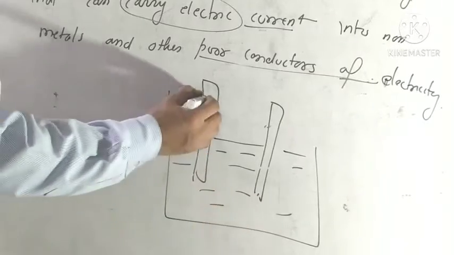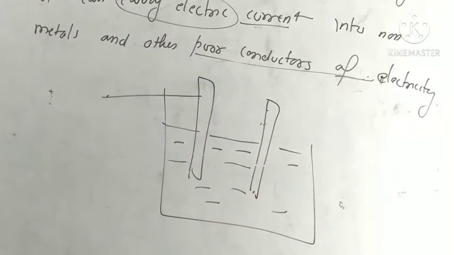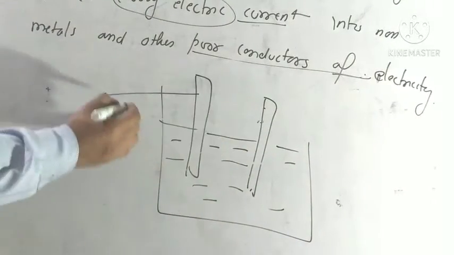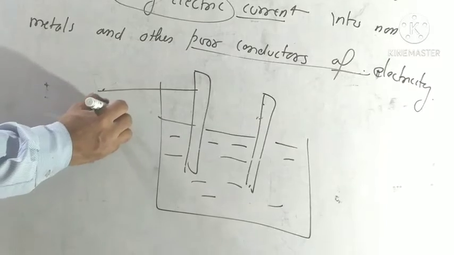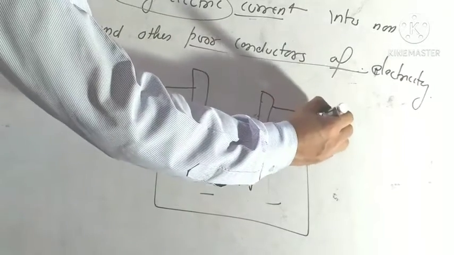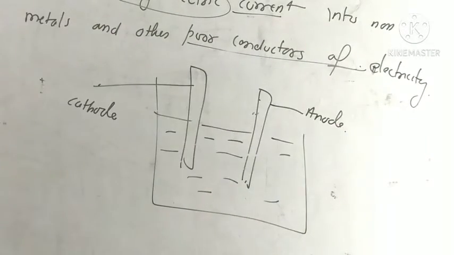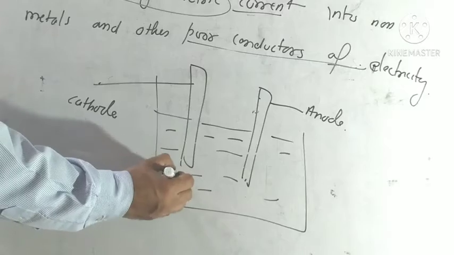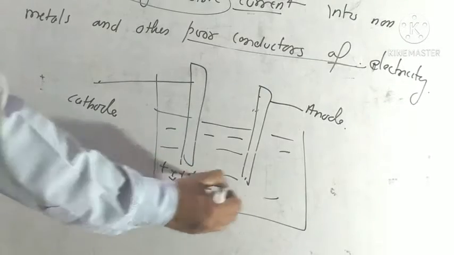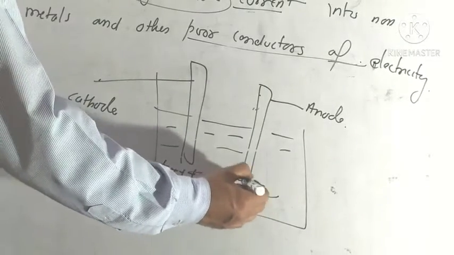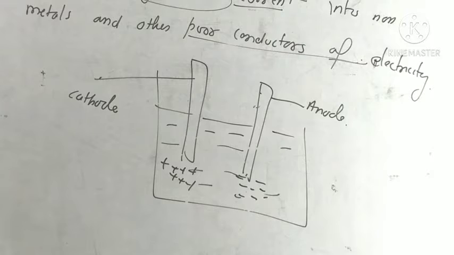Here these two are called electrodes: this is a cathode and this is an anode. Positive ions are attracted towards the cathode and negative ions towards the anode.